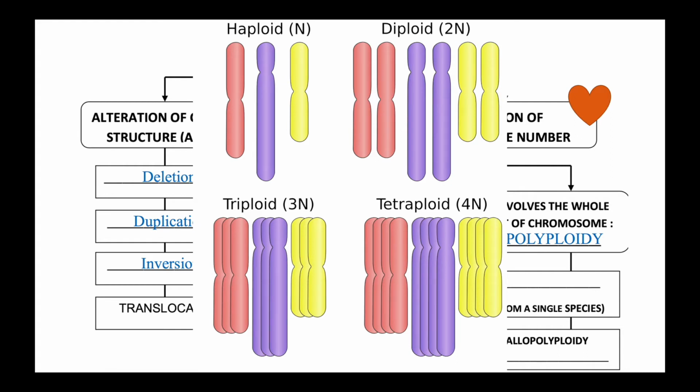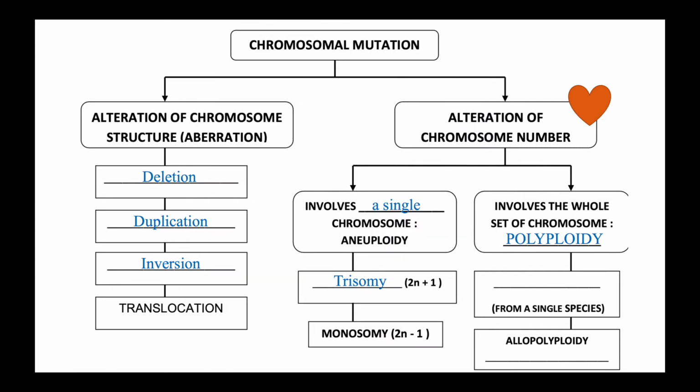In this situation, the individual has extra sets of chromosomes instead of just two sets as a normal individual, 2n. Polyploidy can happen within a single species in a condition known as autopolyploidy, or it can happen between closely related species in a condition known as allopolyploidy.